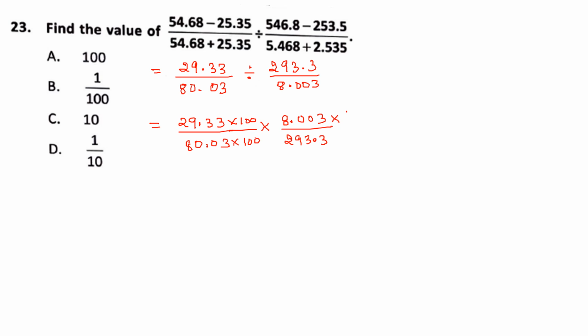Now here I am going to multiply by 1000. Here also I am going to multiply by 1000 because I can't multiply only in the numerator. I have to do it in the denominator also, then only I will get an equivalent fraction.